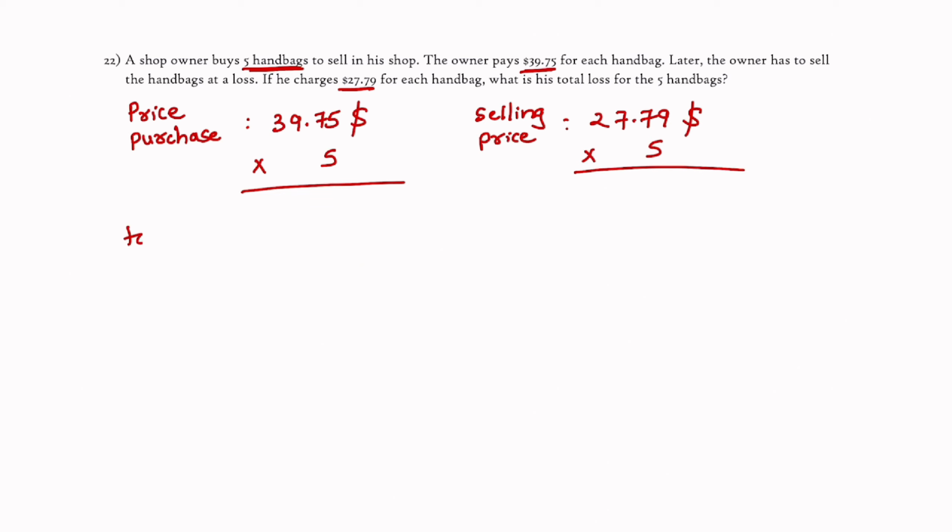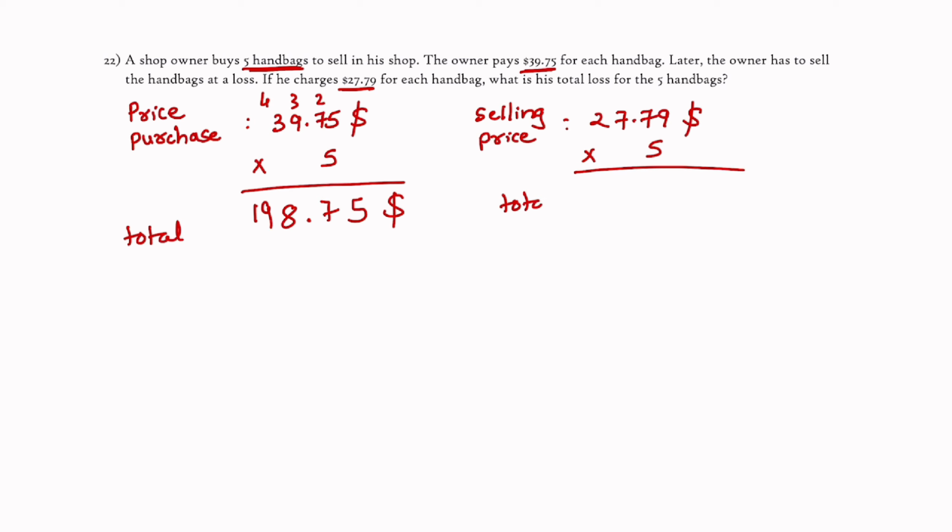Okay, so what's my total now? 5 times 5 is 5, 2 carried here, 5 times 7 is 35, 35 plus 2 is 37, 3 carried here, 9 times 5 is 45, plus 3 is 48, 4 here, 5 times 3 is 15, 19. So that's the total purchase price.